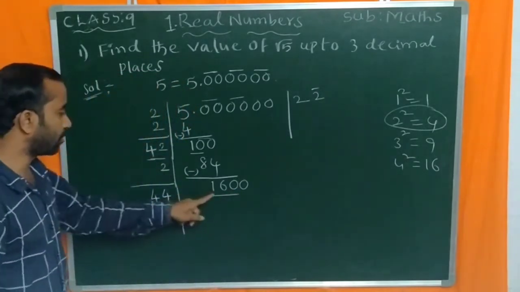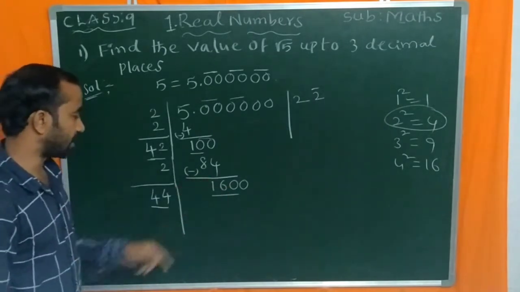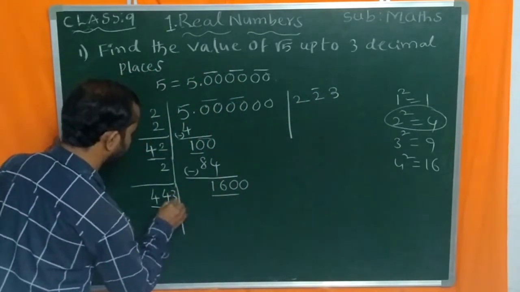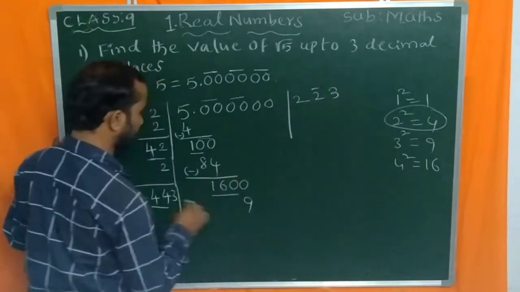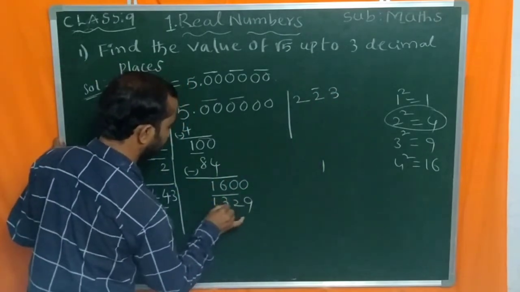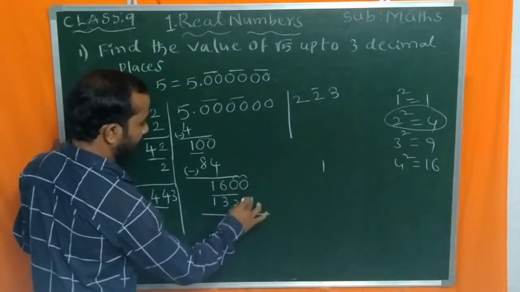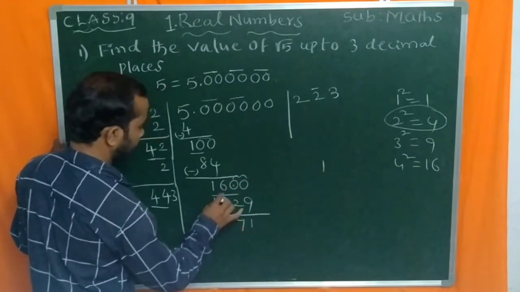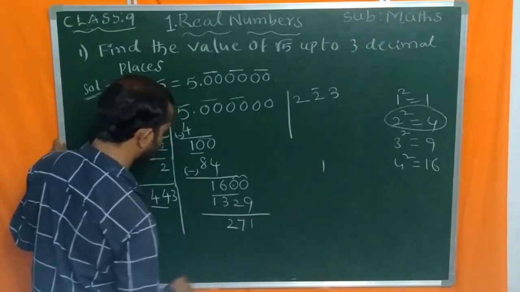Here 44, here 160. 44 4s are above 160, so we can take 3. 3 3s are 9. Next 3 4s are 12, 12 plus 1 is 13. So 10 minus 9 is 1. Here 9 minus 2 is 7. Next 5 minus 3 is 2. Okay.